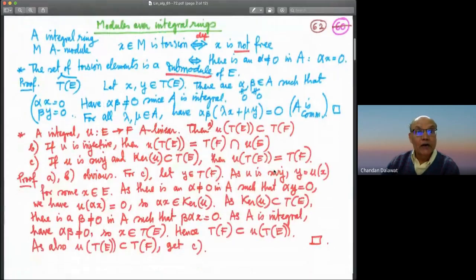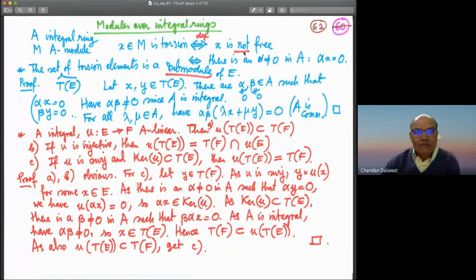Okay. Now, over this kind of integral rings, we can talk about modules which are torsion modules. What are these things? First, we define an element of a module to be a torsion element if it's not free. That's very simple as a definition.